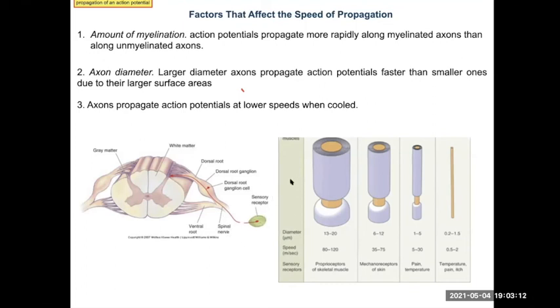So certain sensory neurons that want to conduct things faster than other things, like touch and proprioception and stuff like that, are going to travel up to the spinal cord much faster because they have a much wider diameter than other ones, like mechanoreceptors and pain, which are much slower. Whereas these are very fast. And then the slowest ones are unmyelinated. And as I said, the cooling off, the temperature difference will also make a difference, right? So those are 3 factors that affect the speed of propagation.